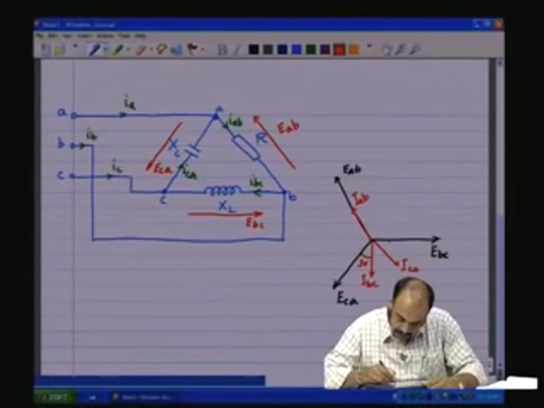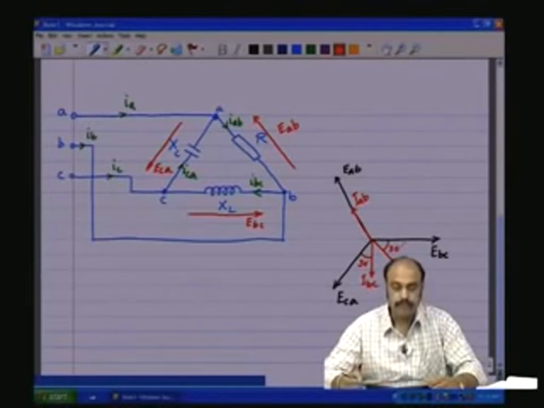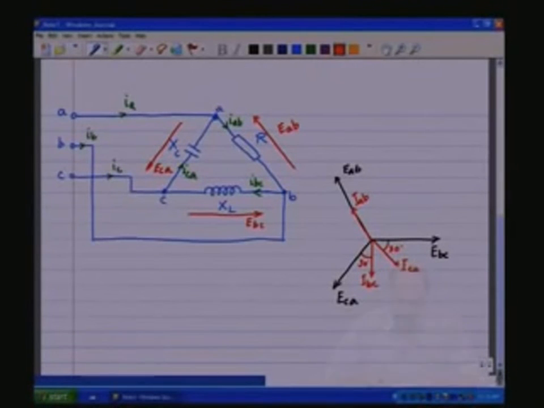If it is 90 degrees to that, it will be 30 degrees from here. If I extend the EAB line down, you will have a 30 and a 30 here. Okay. So, this is how the phase currents and the line voltages would look like, the phasor diagram of such an unbalanced system.